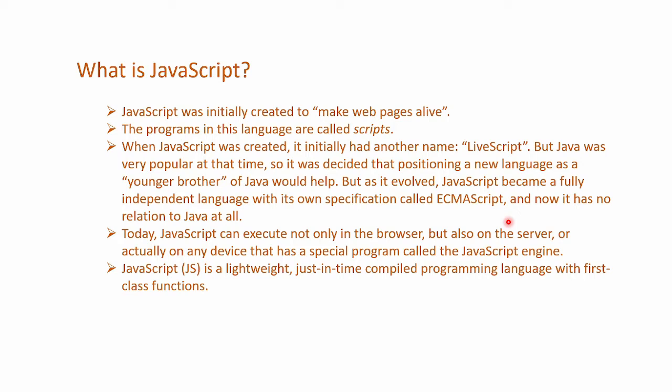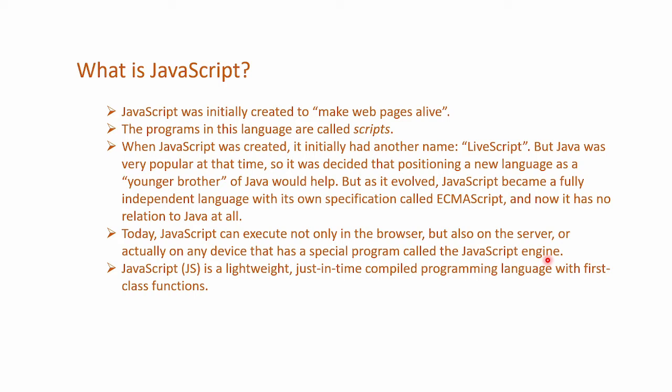Because JavaScript has its own popularity now. So today JavaScript can execute not only in the browser, because we were all aware that we can run JavaScript only over the browser, not at the server side or any other platform. But now it is possible because there is a special program called the JavaScript engine. Wherever we implement a JavaScript engine, we can run JavaScript there as well.